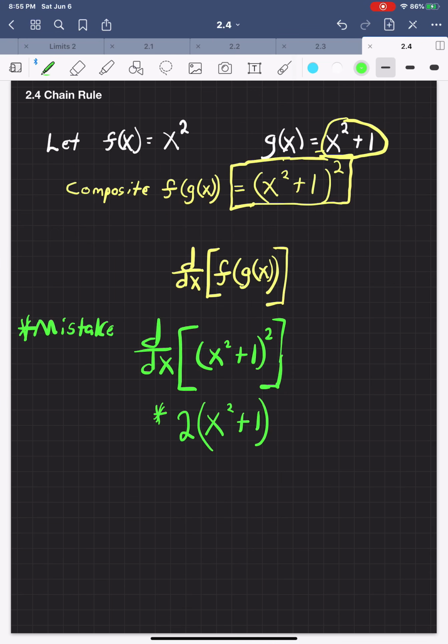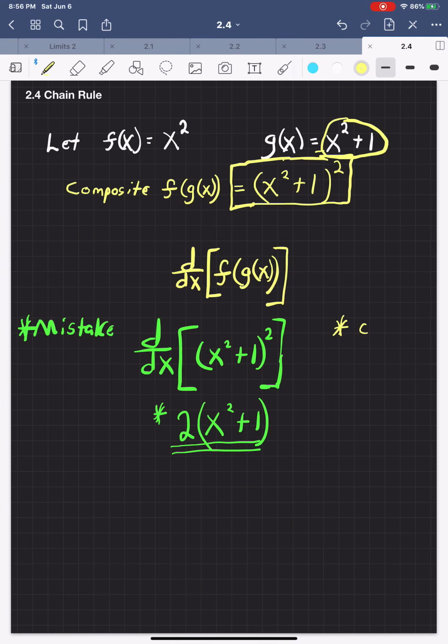Now, this is wrong, but I want you to see how close they are to the true solution. Let me change my color now. This is the actual solution.